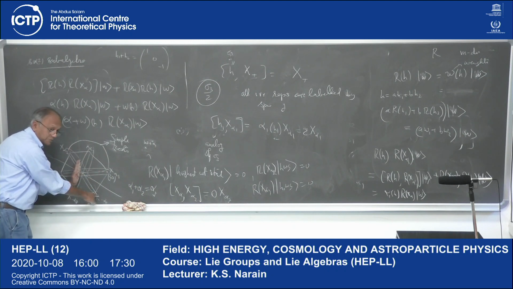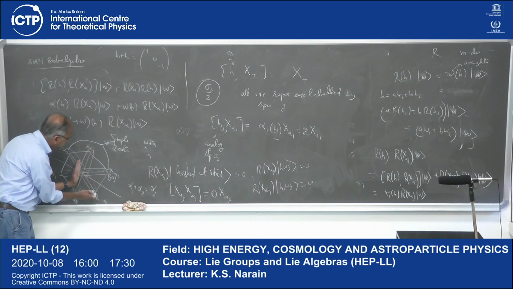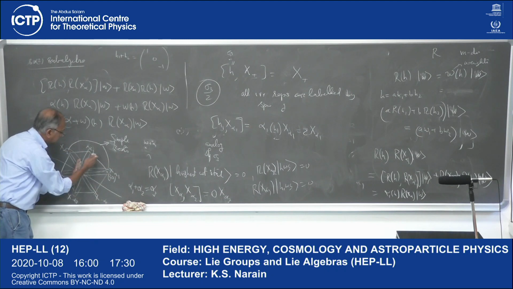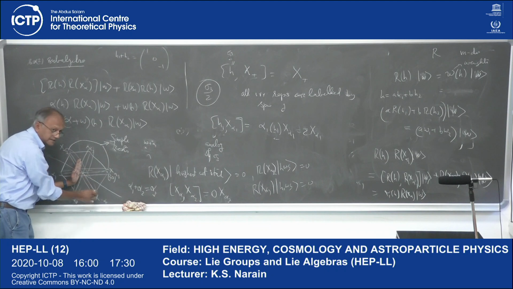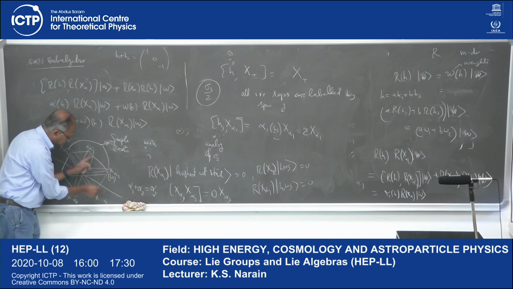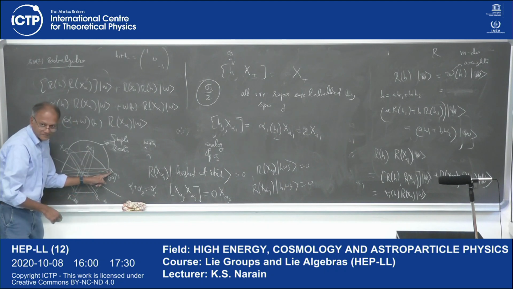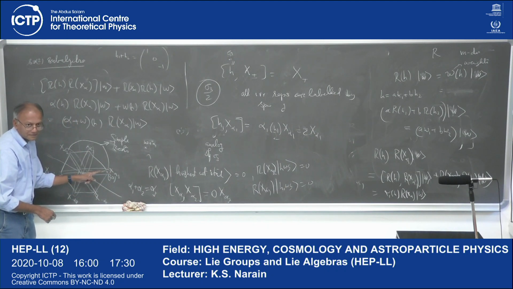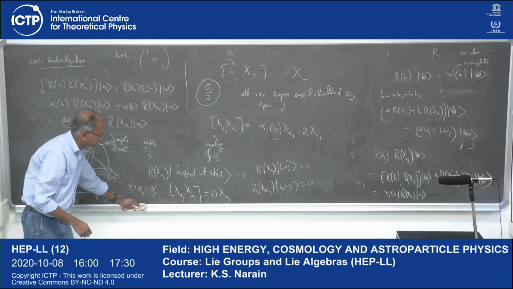And in this SU2, this is J plus. In that case, the simple roots will be these two. And then you would say the highest weight will be annihilated by this and that. But that will automatically ensure this, because the commutator of these two is that. So this is the way it works out.